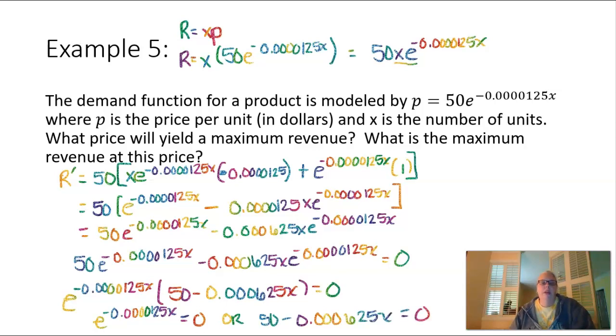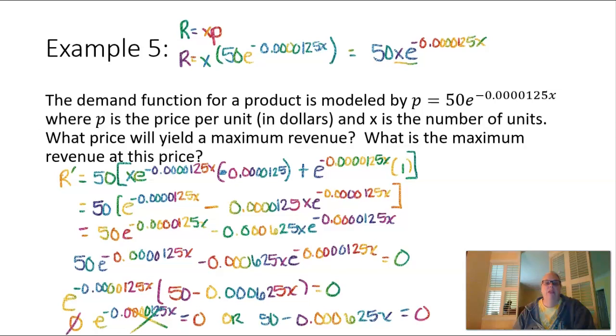Now, over here, there is no power I can raise e to that's going to give me 0. Remember, 0 is a horizontal asymptote? So that means that this side over here has no solution to it. But we should be able to do something with this one to get to our critical point.